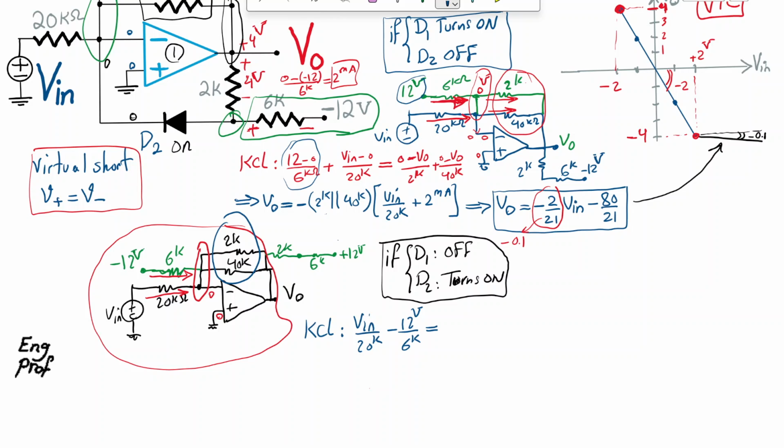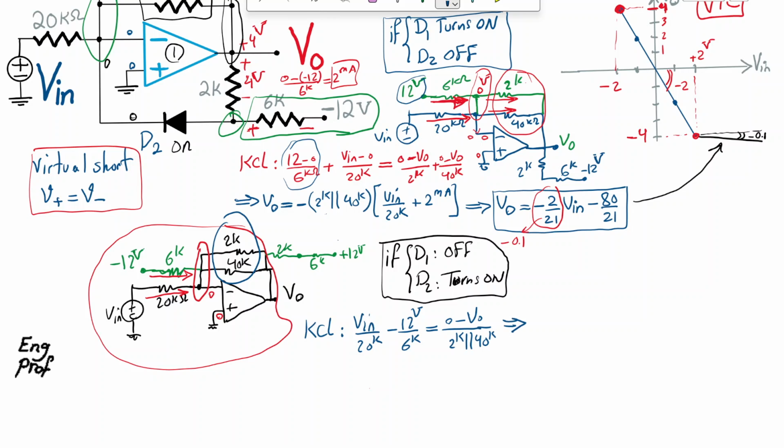So these are the incoming currents, equal to the outgoing current. And the outgoing current is just the current going through the parallel of 2K and 40K with 0 and V out on the two sides of them.